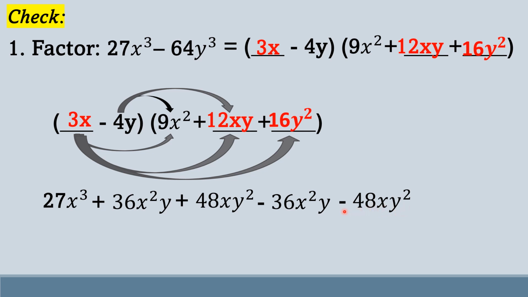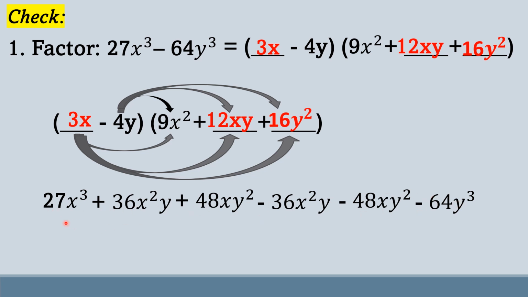Again, minus here because we have unlike signs. And last we have 4y times 16y squared. That will give us 64y cubed. Still unlike signs, so we have minus.